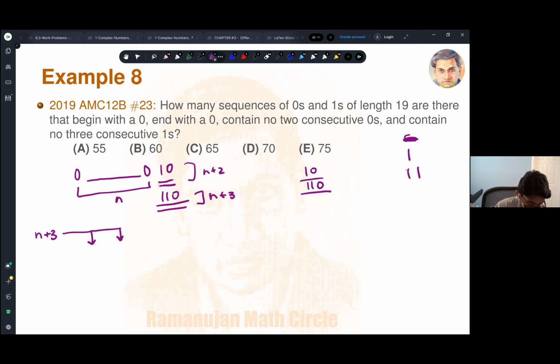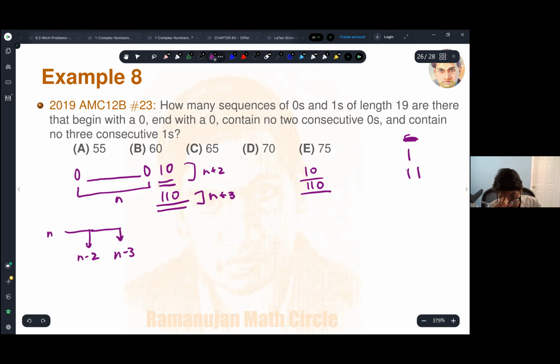So you can either chop off the 1 0 if it ends with 1 0, and if it ends in 1 1 0, then you chop off the last 3 digits. So in those cases, it would start to match the original.